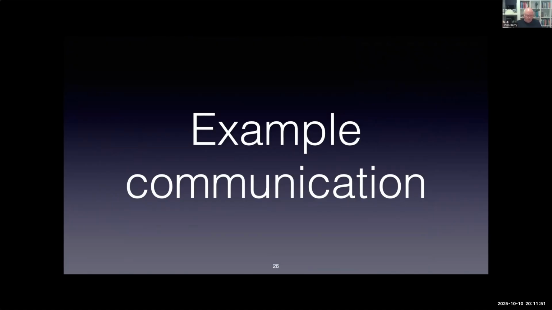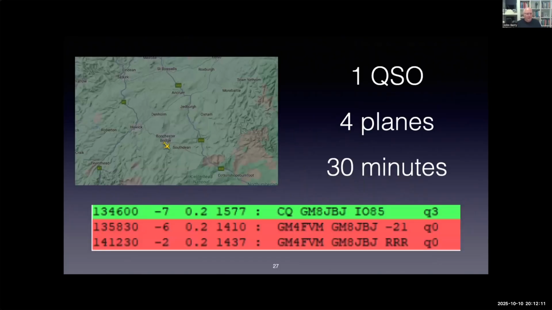So he's got his antennas pointed out into the North Sea. I've got all my amplifiers switched out. He's got all his amplifiers switched out. And we're trying desperately not to communicate unless an aeroplane is coming. And we managed to set it up.